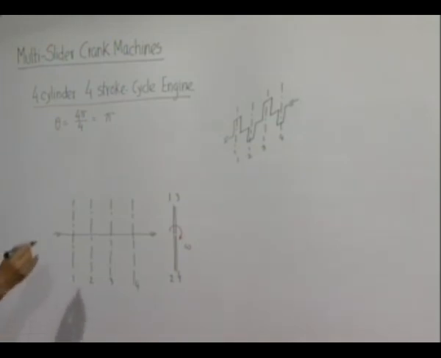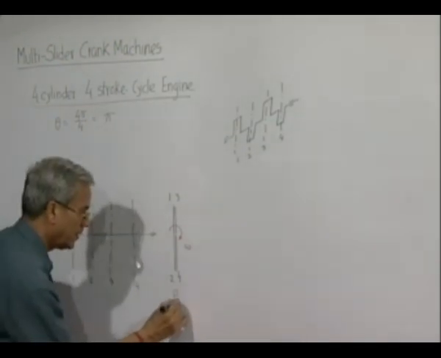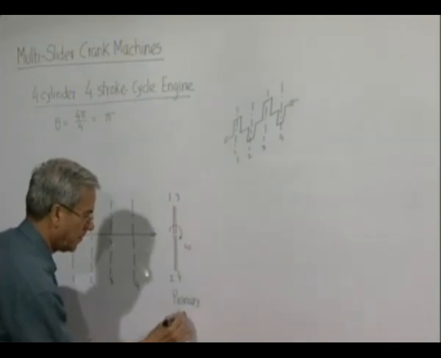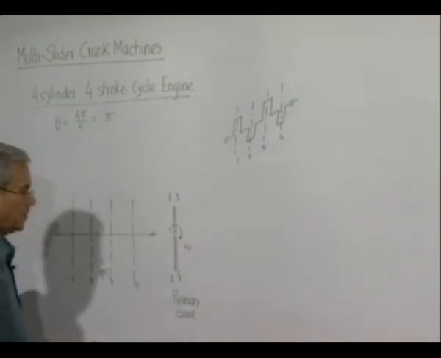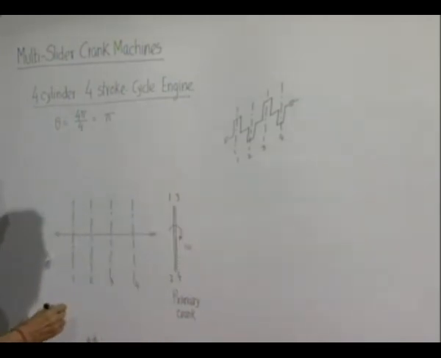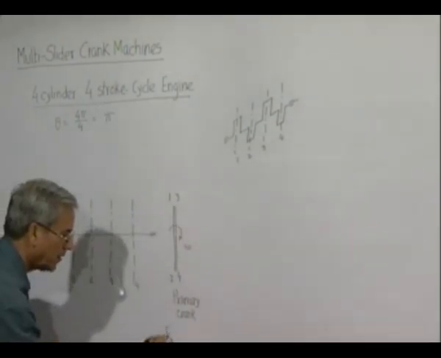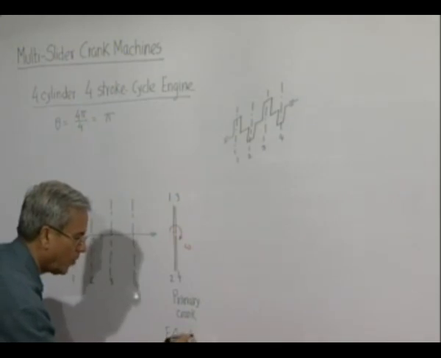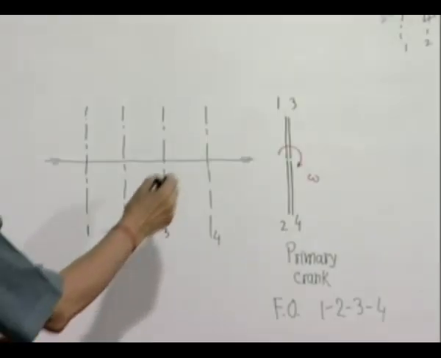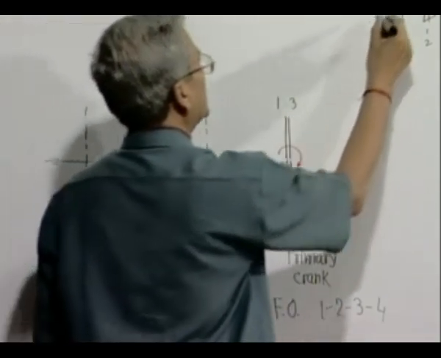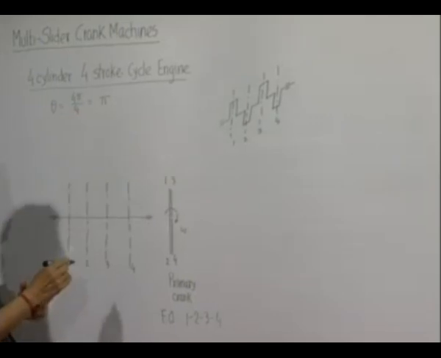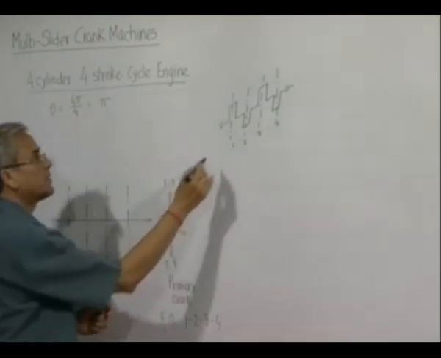Now, the primary crank diagram will look like this. Suppose we start with the firing of 1, and if we keep the firing order as 1, 2, 3, 4, then first number 1, which is here, then next 2 comes up after a 180-degree rotation of the crankshaft, then number 2 gets fired.